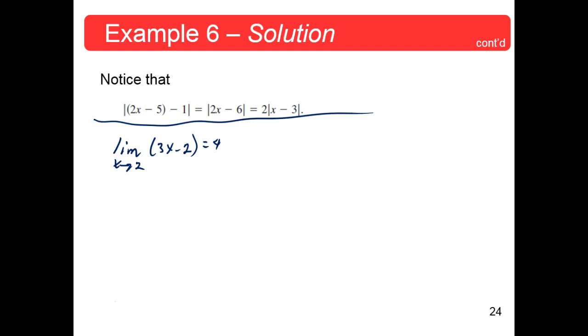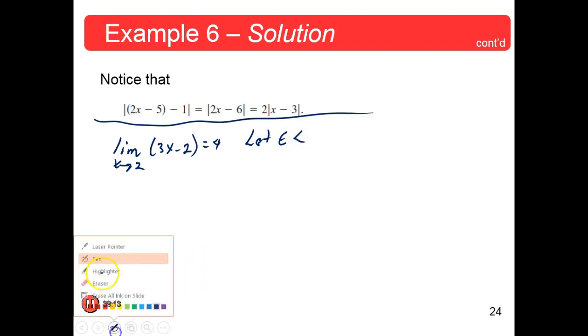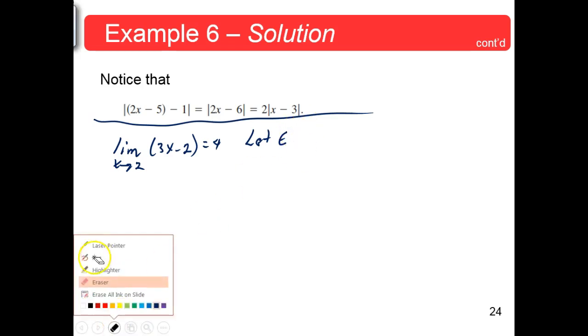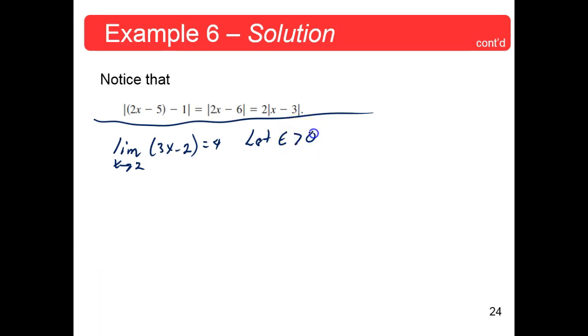So what that is, and this is almost from memory: let epsilon be some small number, greater than 0. And you can get it as small as you want to, folks. You get to choose that.